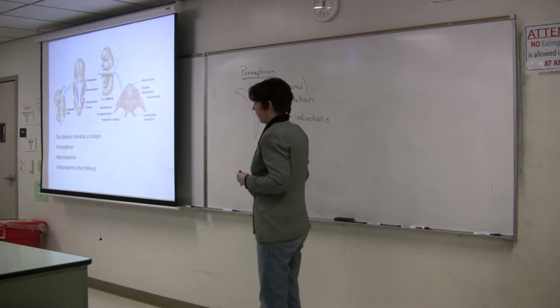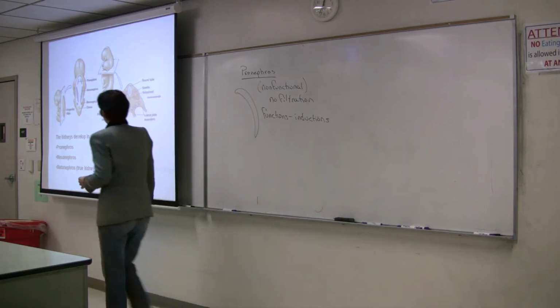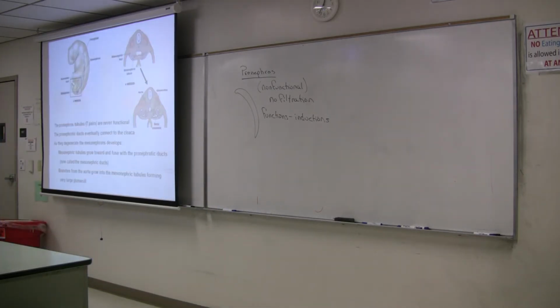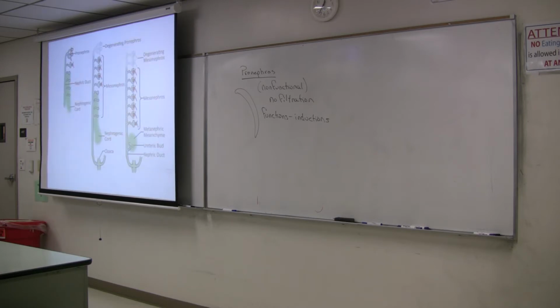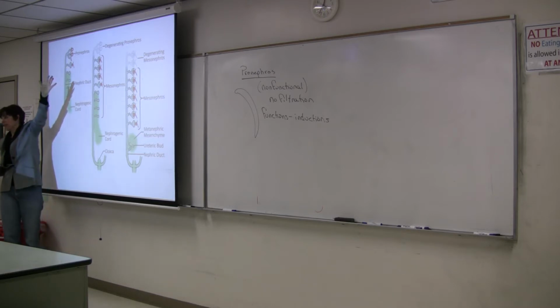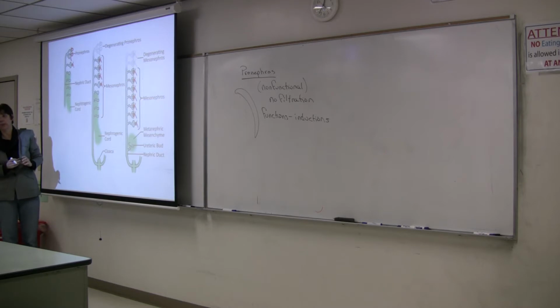Influences the further development. So we do see ducts. We do see an association. So here in the pronephros, we do see these outgrowths of what are going to form our functional kidney structures, but there's no filtration that occurs. There's no separation by particle component.